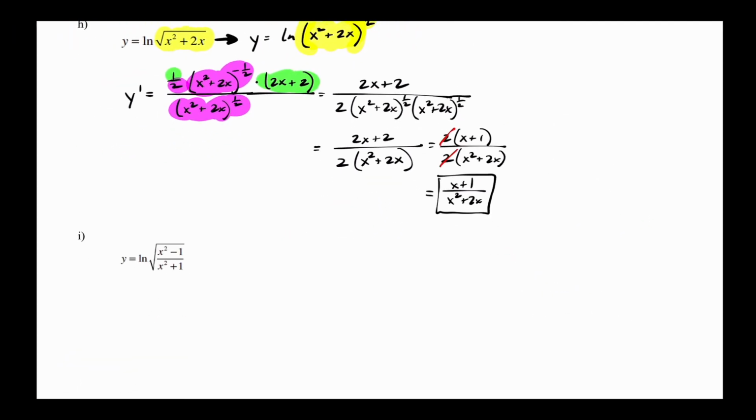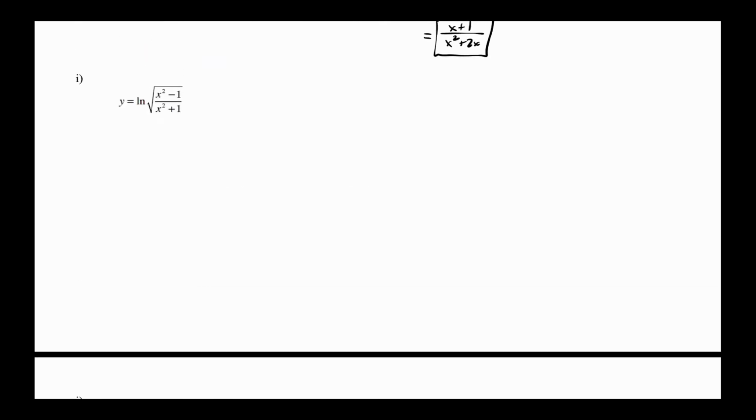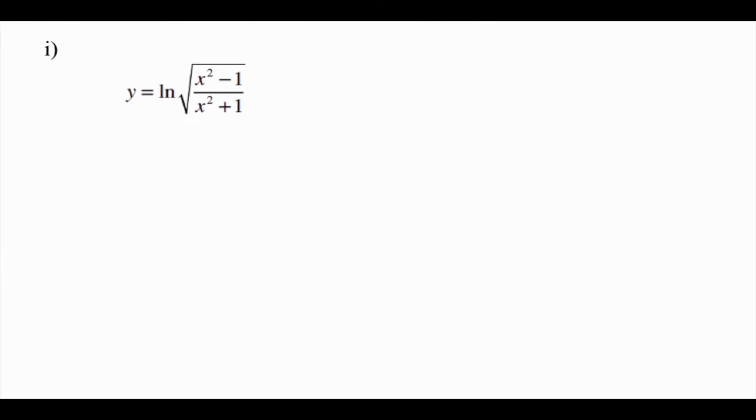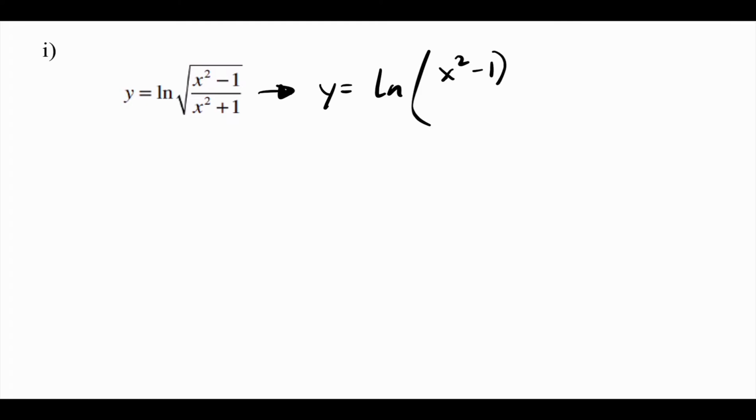All right. Okay, so this guy's essentially the same thing as the one we just did. The only difference is the stuff is a fraction. It's a division. So if I rewrite it, this would be natural log of x squared minus 1 over x squared plus 1, to the 1/2 power.